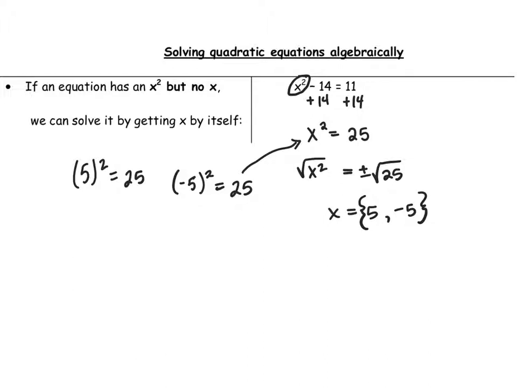Anyway, these brackets indicate that I have a list of numbers that could be my x value. 5 and negative 5 are my two answers here. You could also just write 5 and negative 5, if you wanted to write it like that. Anyway, when you're solving using a square root, you need to make sure you get that plus or minus in there.